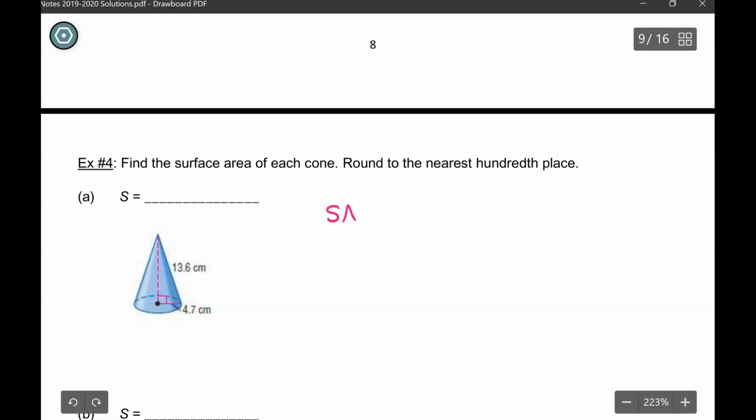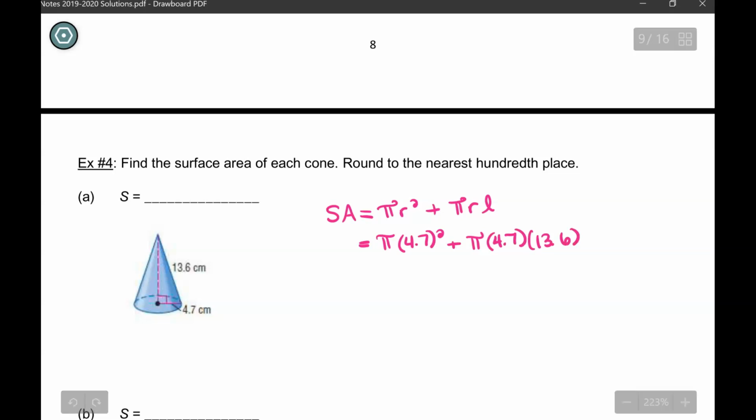So surface area here, pi r squared. Let me just write it out. Pi r squared plus pi r L. So I have pi times 4.7 squared plus pi times 4.7 times 13.6. So plug that in. I get 22.09 pi.